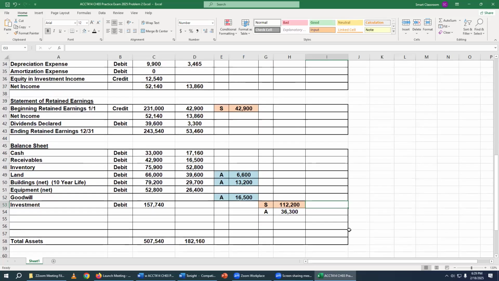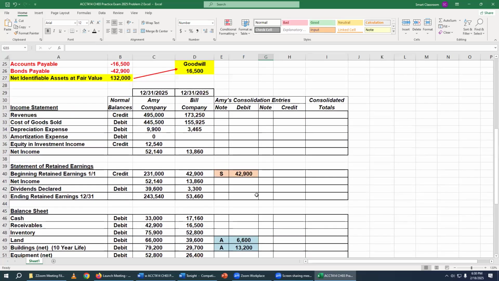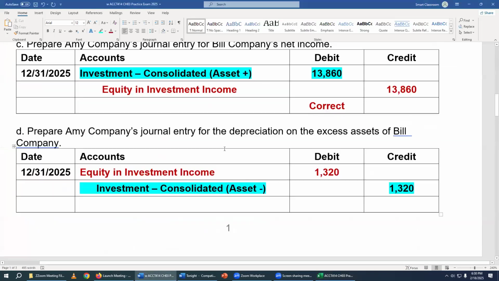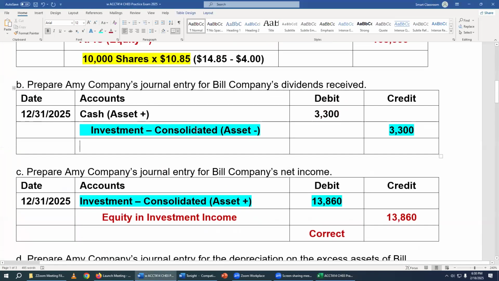Units. Dividends. Now, dividends are the wacky ones, and again, we're kind of unmixing the cake here, in that these dividends, if you go back to our journal entries, the dividends reduce the investment.